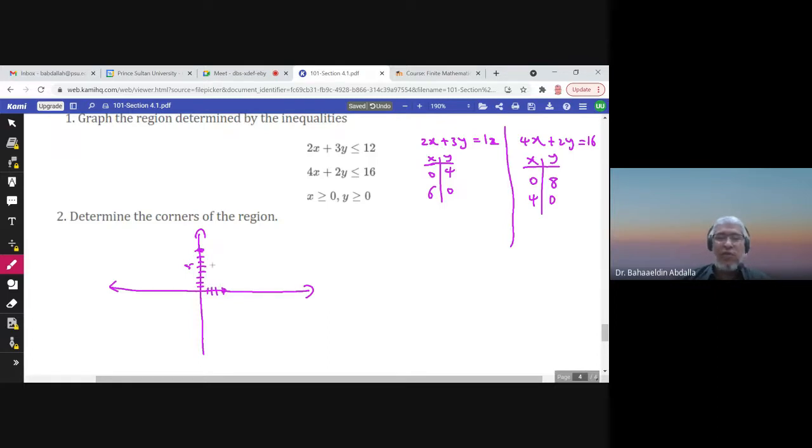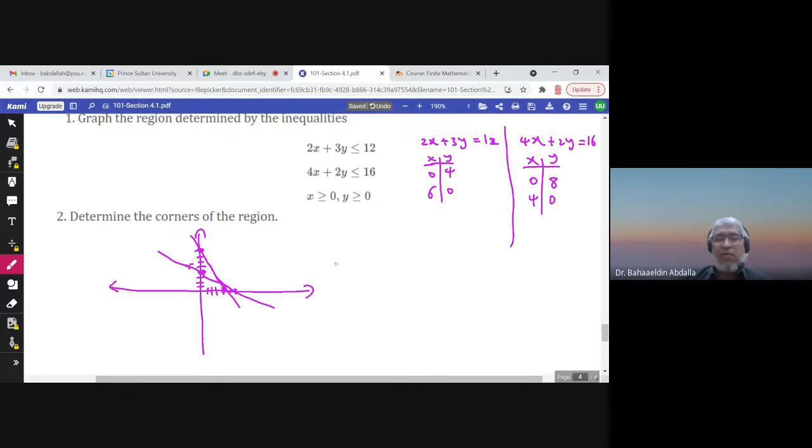So this is the second line, and both lines are not dashed. And the other one is 0, 4, and 6, 0. So it's this line.